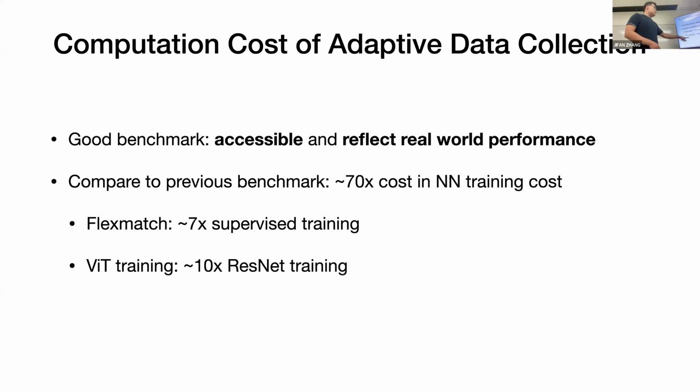Because we're using vision transformers, that's usually 10x or even 100x, depending on which model you're using. So that's a really high training cost. And if your training cost is so high, then the saving in your annotation cost is not that appealing anymore, right? Because at the end of the day, you want to save the overall cost, and you don't want to incur $100 more by saving $10.